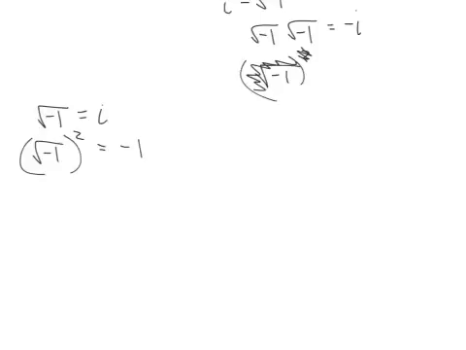It's kind of like having the square root of 9 and then you square it. The square root of 9 is 3, squared is 9, so basically these go away and you're left with what was in there. Same thing that happened here. So i squared is actually negative 1.